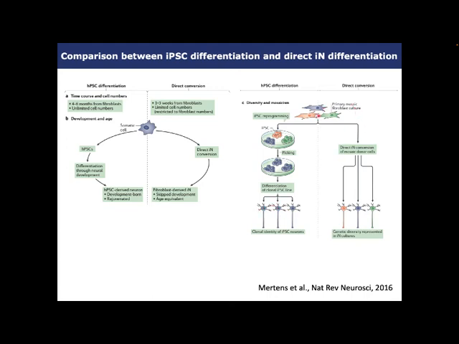If we convert a heterogeneous fibroblast culture toward direct induced neurons, the induced neurons still maintain the mosaic characteristics of the fibroblasts. So its genetic diversity can be more relevantly represented by the iN cultures, because if we want to study somatic mutations present in the fibroblasts, then this strategy is probably more relevant. If we want more consistent results from the experiment, this iPS-mediated strategy is more relevant for those experiments.